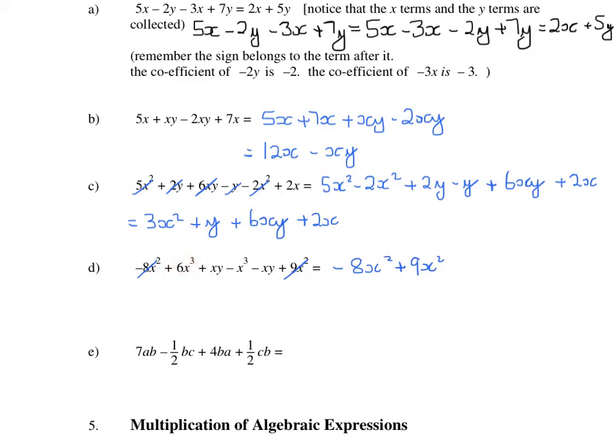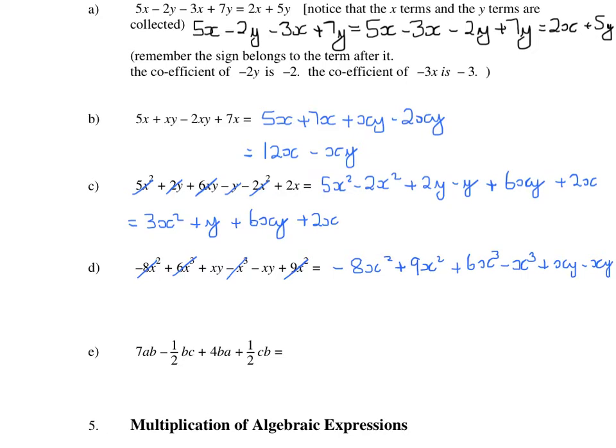Are there any other x cubed terms? Yes, there. Okay, so let's write those in. So plus 6x cubed minus x cubed. I've got rid of that one and that one. And the other terms that are now left are plus xy minus xy.